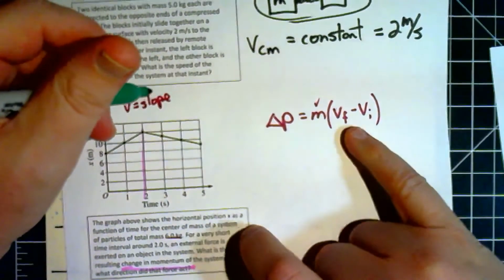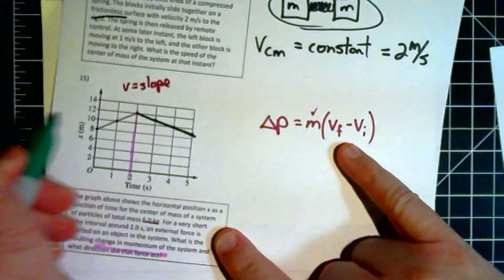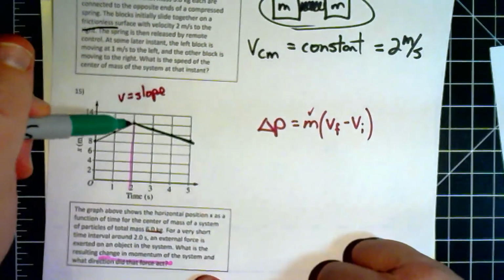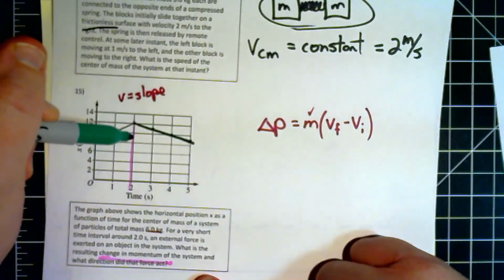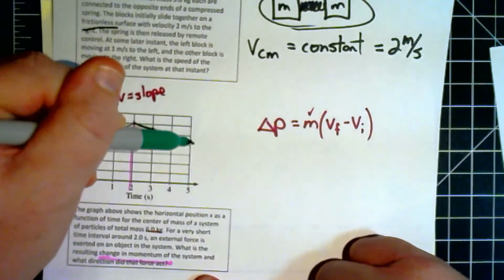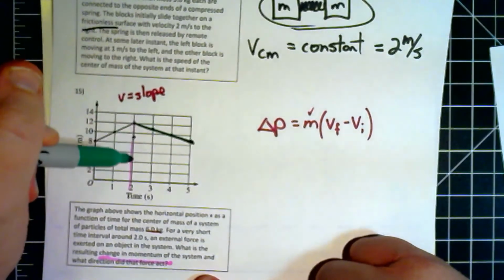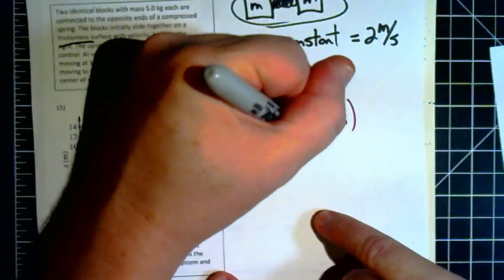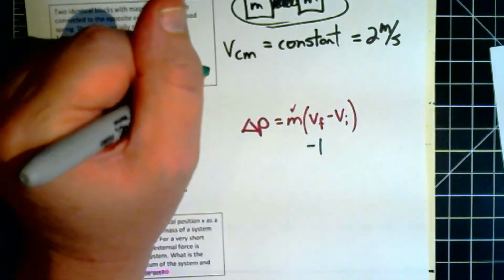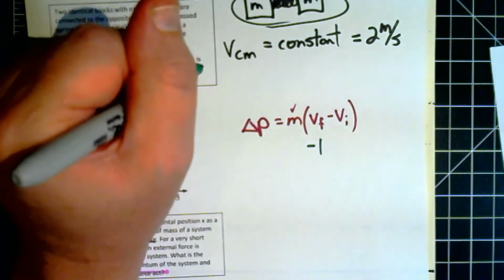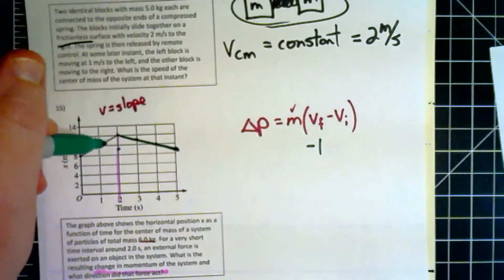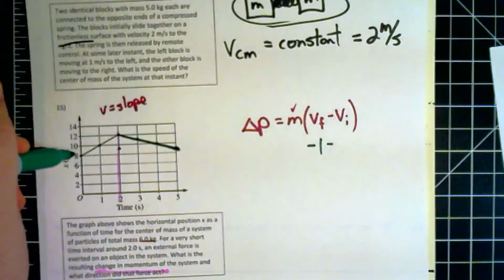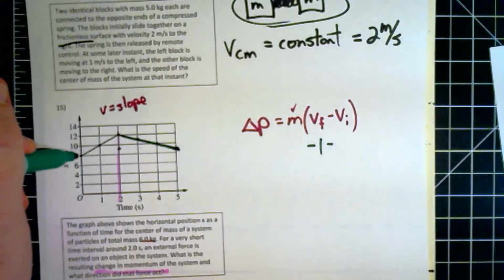The final slope is going to be this green line right here. It's got a rise over a run of, that's an 8, that's 9, so it's a rise of about 3. That's in the middle. And the run is 1 second, 2 seconds, 3 seconds. So the rise over the run, or the slope of this line, is actually -1. And the rise over the run of the first part is a 4 units high divided by a run of 2.